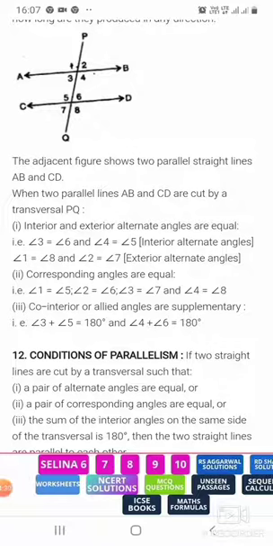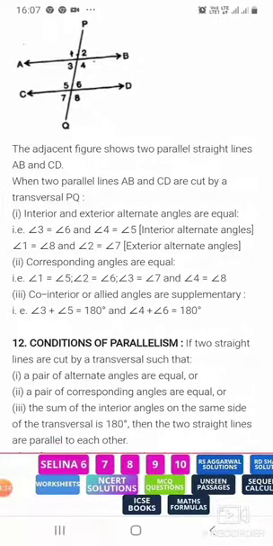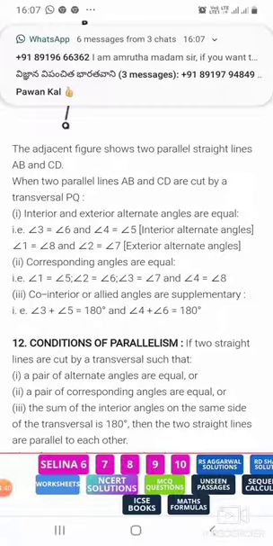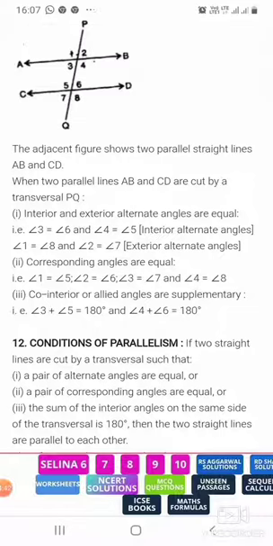Now in the same way, angle 1 is equal to angle 8, because exterior alternative angles are equal. Exterior alternative angles are equal. Then angle 2 and angle 7 are exterior alternative angles.